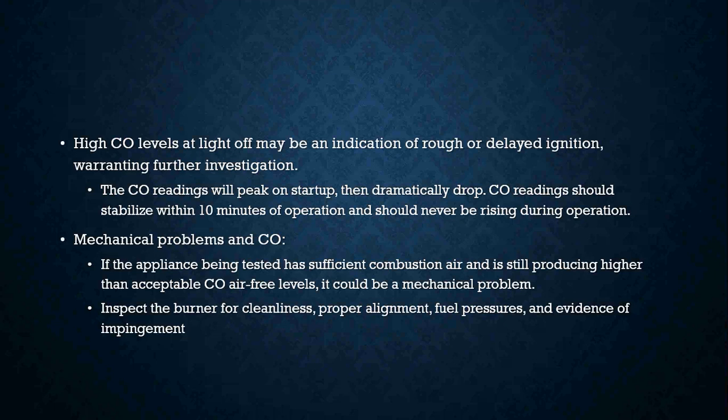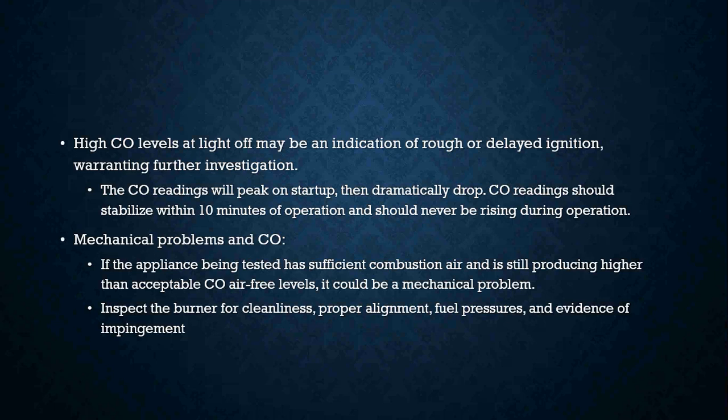High CO levels at light off may be an indication of rough or delayed ignition, warranting further investigation. The CO readings will peak on startup, then dramatically drop. CO readings should stabilize within 10 minutes of operation and should never be rising during operation. If they do, you definitely have a problem.